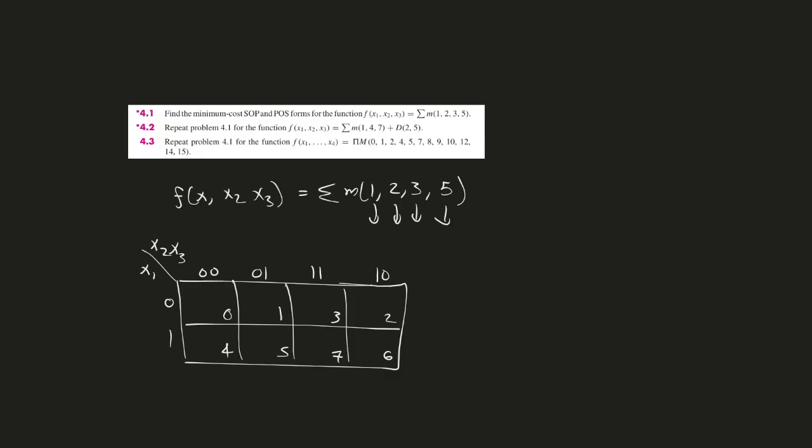So it's going to be 1 here, 1 here, 1 here, and 1 here. And then the rest will just be 0. So now we can group them in 2 to the power of a number. So we can group them like this and this. So that's allowed. If there was another one here, then we can group them like this instead.